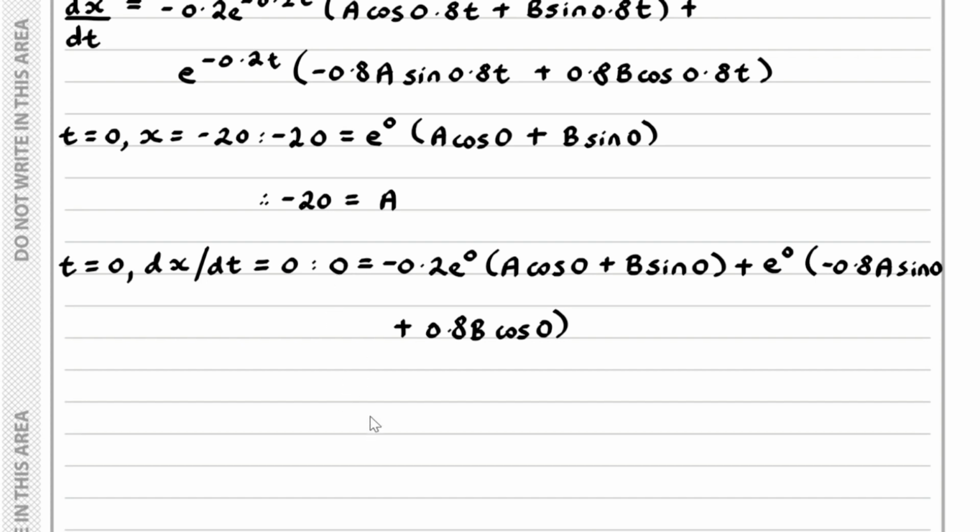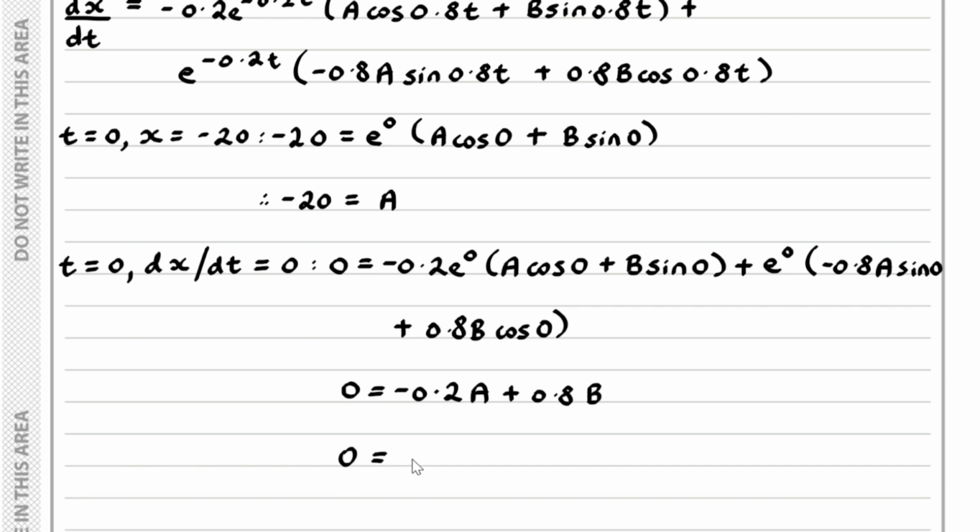So we've got 0 equals minus 0.2 times a, and then here we've got 0.8 times b. Of course, cosine of 0 is 1, sine of 0 is 0. We know what a is, that's minus 20.